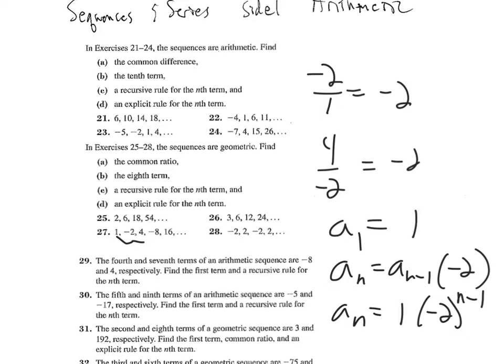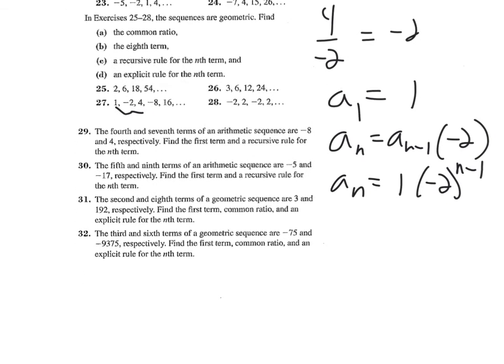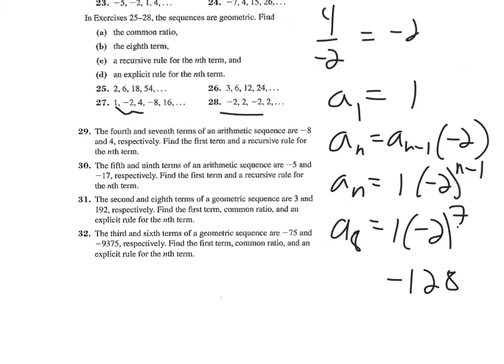Let me move this up. So to find a sub 8, it's going to be 1 times negative 2 to the 7th power. We just said 2 to the 7th was 128, but because it's an odd number, it's going to be negative 128 times 1, right? It's negative 128. So it's that easy. So if you want, you can do the next one. Why don't you stop the video and come on back?